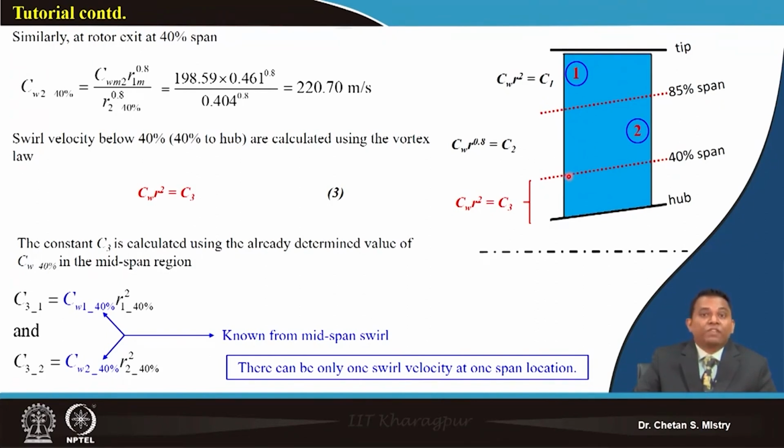At one station we cannot have two different whirl velocity components. So at 40% span we will apply the same law, because this is known to us at 40% span. That will help us calculate C3. Same way we can opt for C1 also near the tip region.